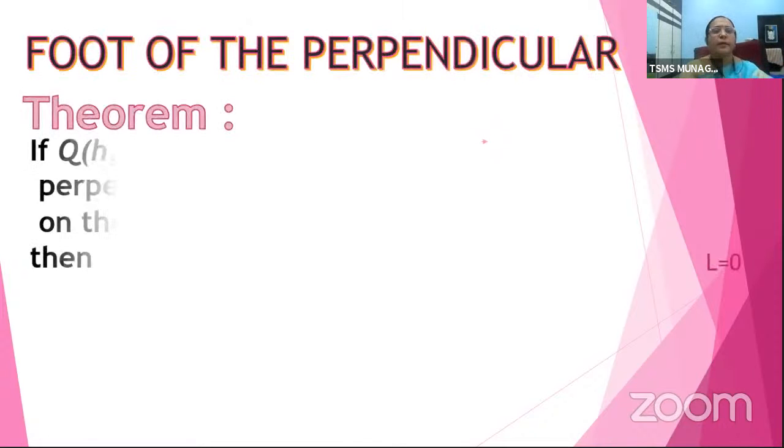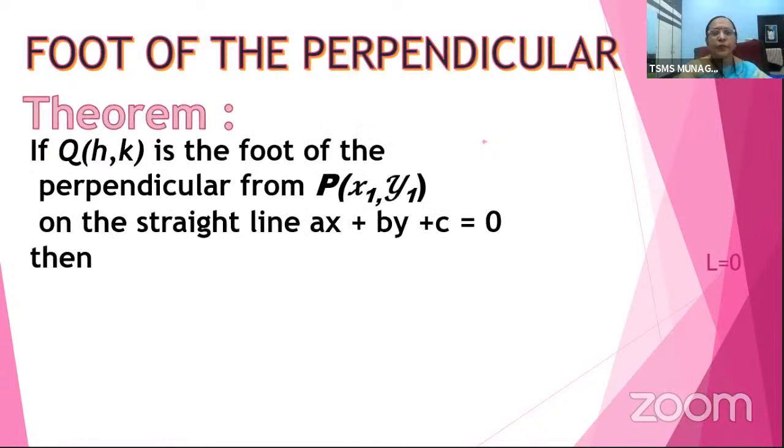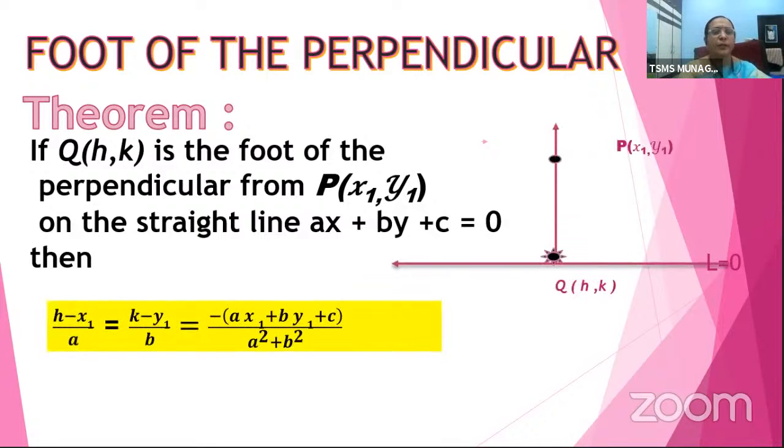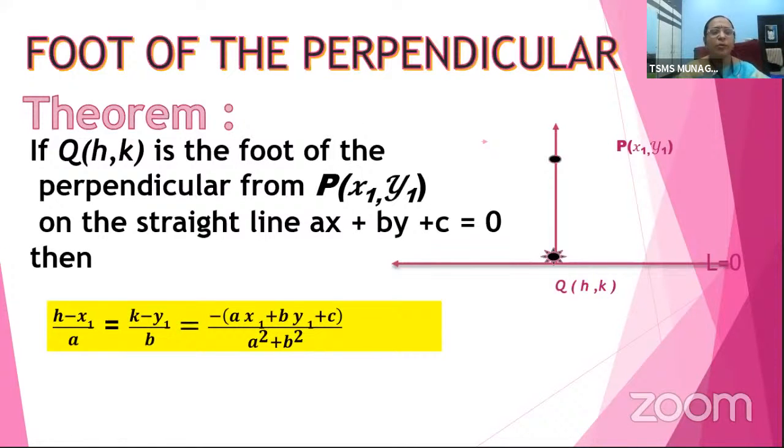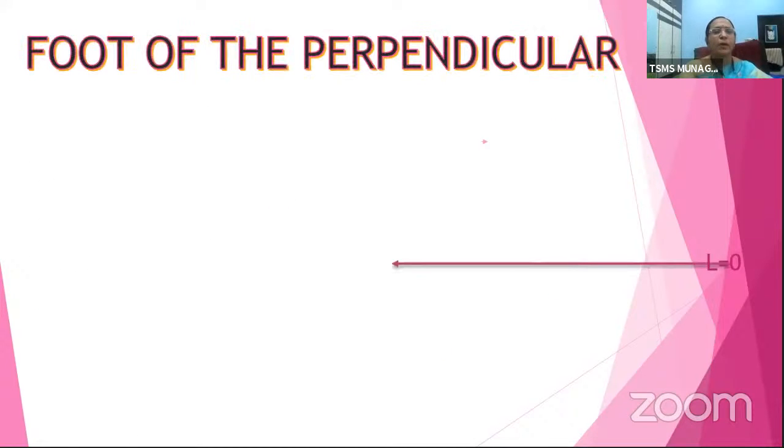The foot of the perpendicular will look like this. The theorem says if Q(h, k) is the foot of the perpendicular from (x1, y1) on the straight line ax + by + c = 0, then (h − x1)/a = (k − y1)/b = −(ax1 + by1 + c)/(a² + b²).